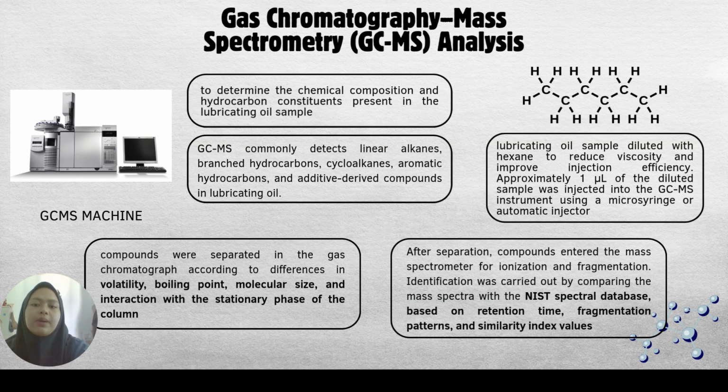Identification was carried out by comparing the mass spectra with the NIST spectra database based on retention time, fragmentation pattern, and similarity index values. GCMS commonly detects linear alkanes, branched hydrocarbons, cycloalkanes, aromatic hydrocarbons, and additive-derived compounds in lubricating oil.